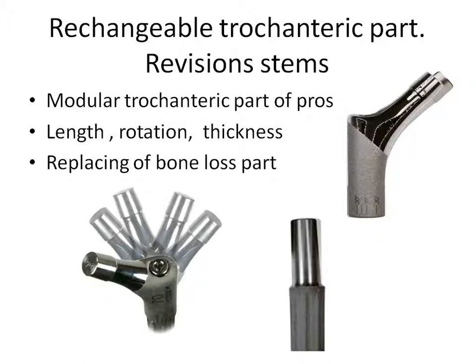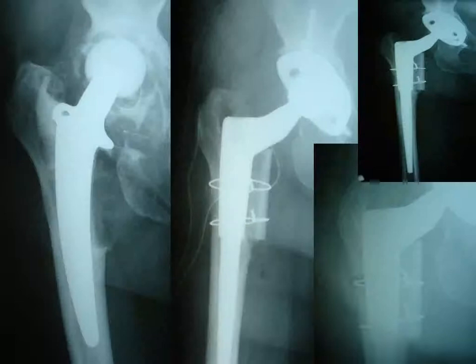There is also a concept which can use rechangeable trochanteric part. It's mainly used in revision stem, where there is also modular trochanteric part of prosthesis, which can reach good length, good rotation, and thickness of the prosthesis, which allow replacing a bone lost part.